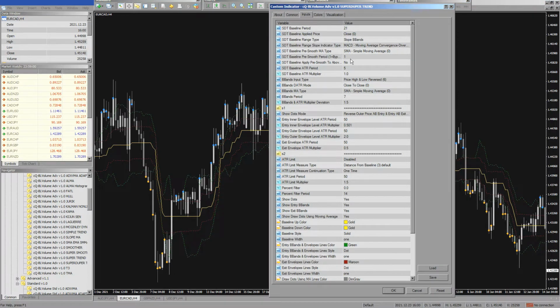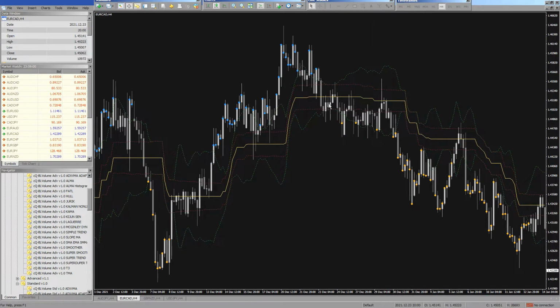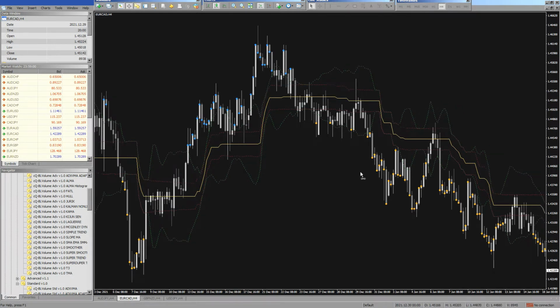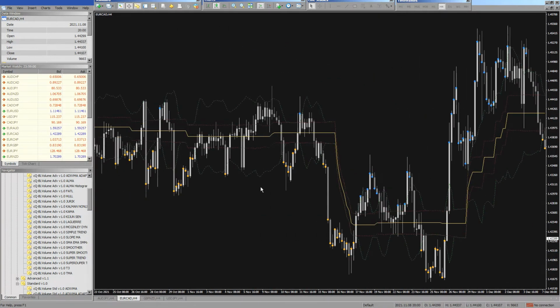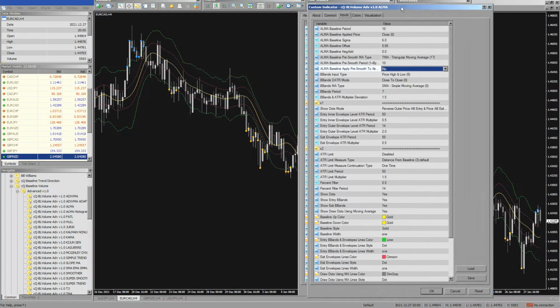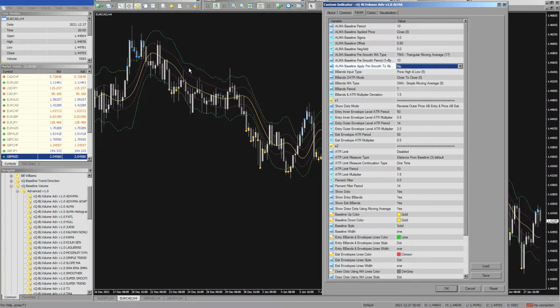And at the same time, you can even make it more different by having a pre-smooth. You can see what it does. This would probably work really well for certain algorithms. If you have this set to yes, it will apply this smoothing we applied to the envelopes as well.